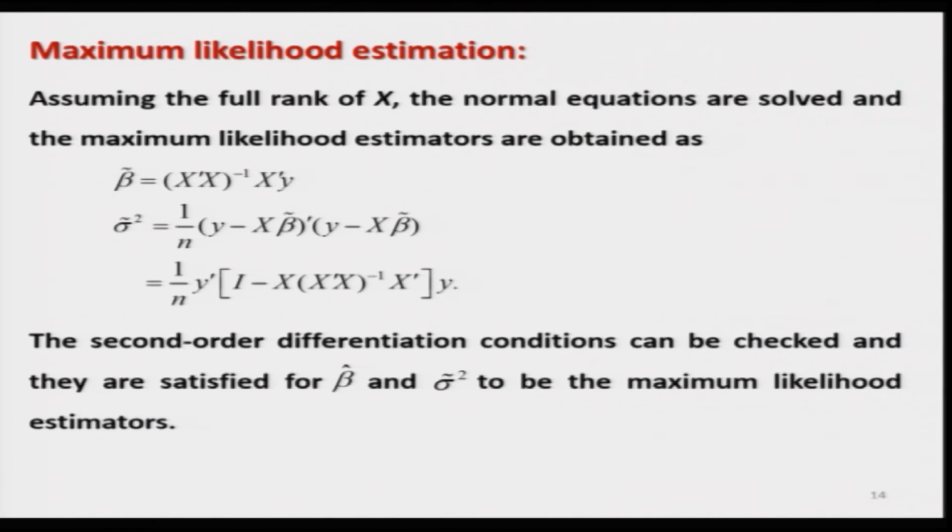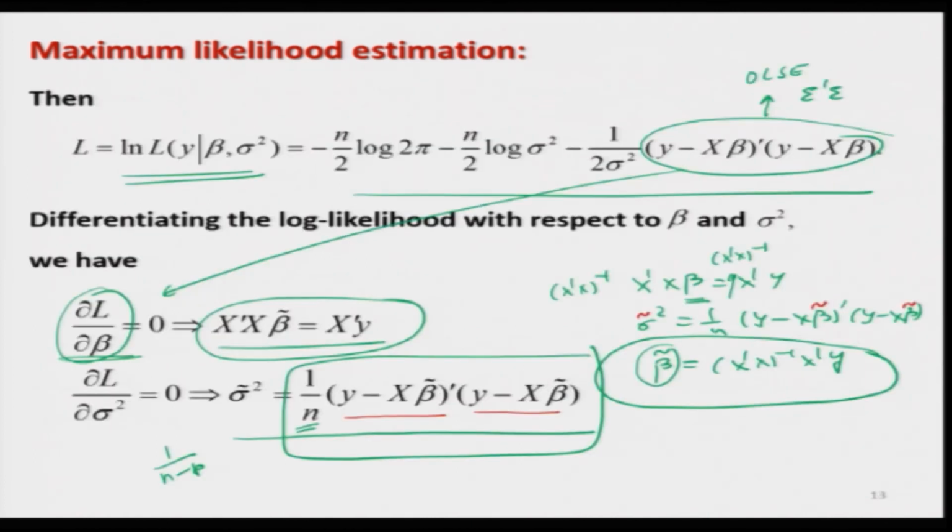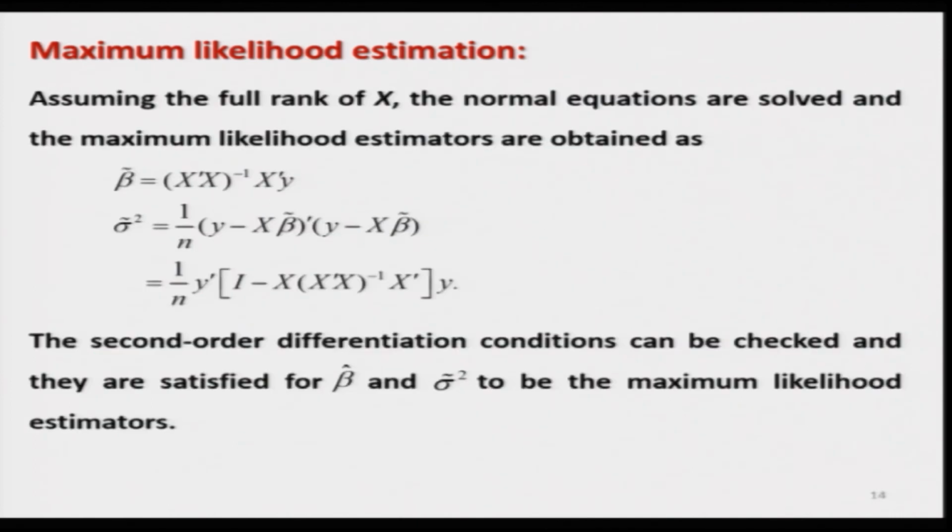Now, this normal equation I solved by pre-multiplying by x transpose x whole inverse, so you need to assume here that x is a full rank matrix. As I just showed you, you can obtain the maximum likelihood estimator of beta as x transpose x whole inverse x transpose y, and the maximum likelihood estimator of sigma square as 1 upon n, (y minus x beta tilde) transpose (y minus x beta tilde).